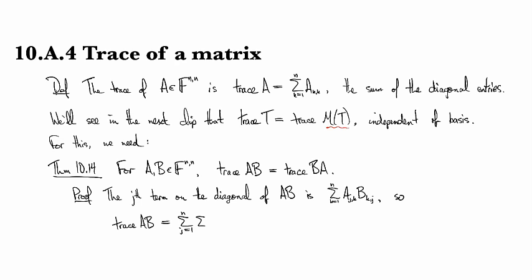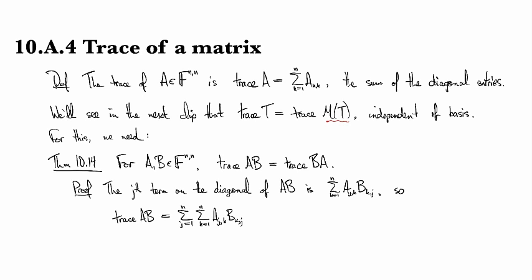And then this thing that we just wrote down is the sum over k from 1 to n of a_jk b_kj, and that's the jth term on the diagonal.